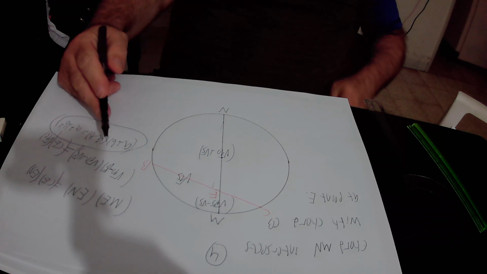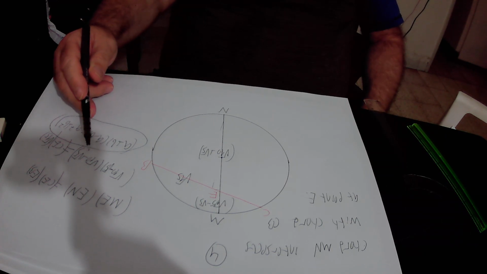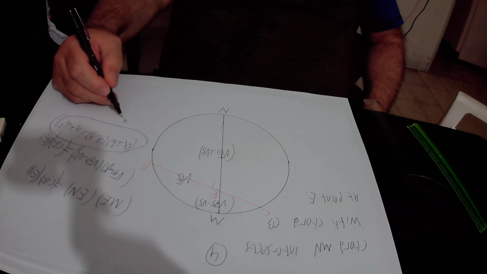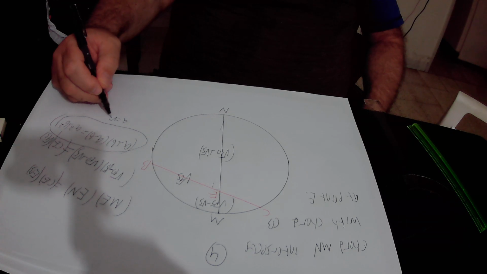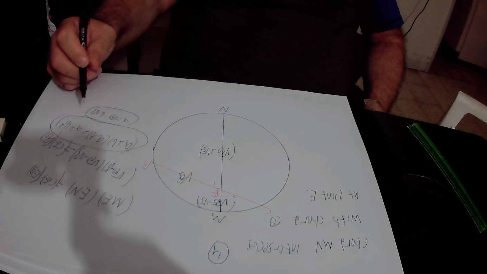Here we have square root of 10 minus square root of 5 times square root of 10 plus square root of 5. Here A equals the square root of 10, B equals the square root of 5. That is to say, A plus B times A minus B equals A squared minus B squared.